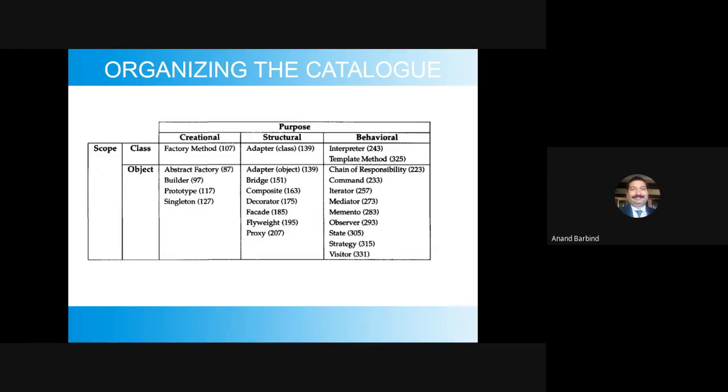Like this, there are many patterns that have been proposed by the Gang of Four. There is a very good book by the Gang of Four. I have already uploaded this book on the LMS. You can refer to that book.